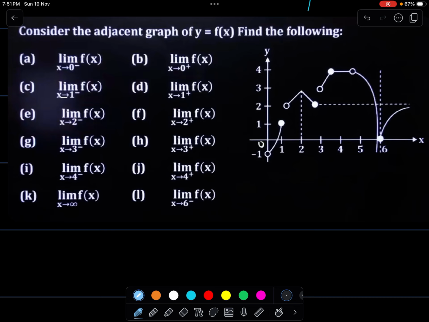Now, what do you mean by x tending to 0 minus? In simple words, let me plot 0 here first on the number line. Now, first look at the number which is mentioned here. That is the number you need to reach. Now, this sign talks about from where to reach, from which direction to reach.